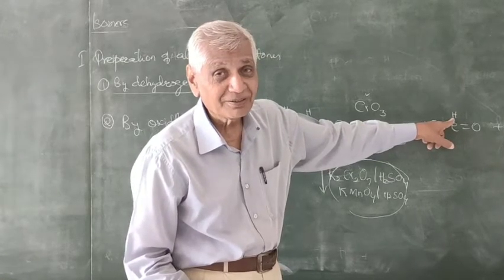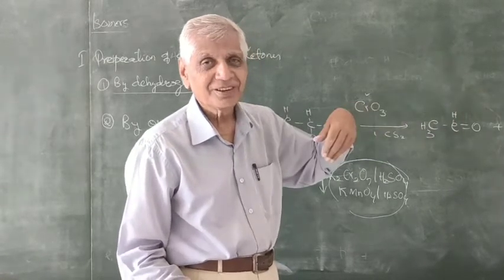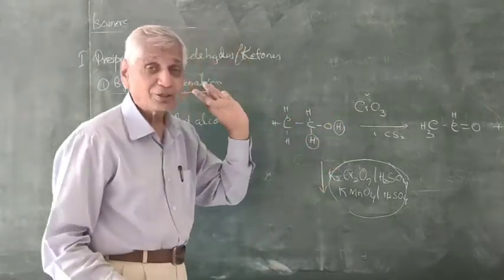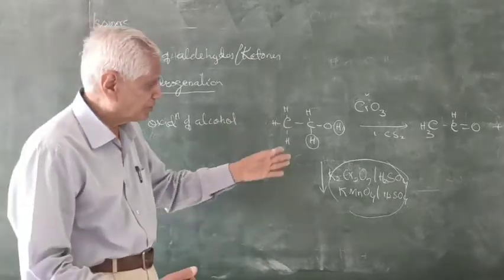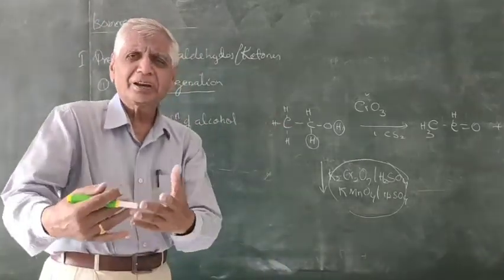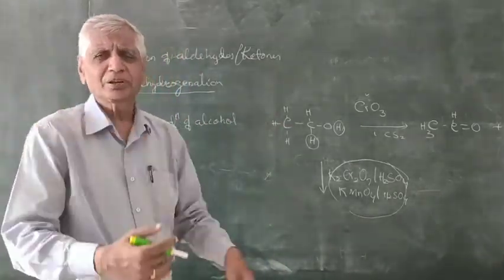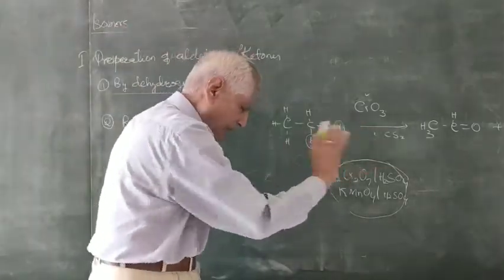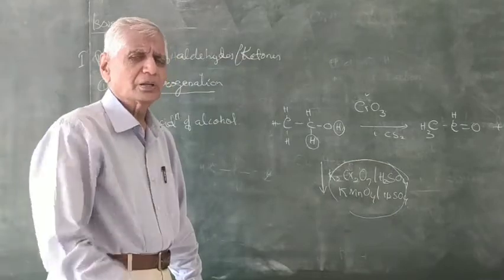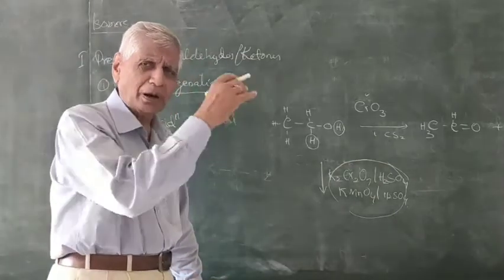What do you get? Acid. Aldehydes are not available there. You should not get aldehyde, because the aldehyde which is formed immediately reacts with the other oxygen atom present in the strong oxidation. Therefore, here you are not getting the aldehyde. The reaction takes place by formation of aldehyde only.